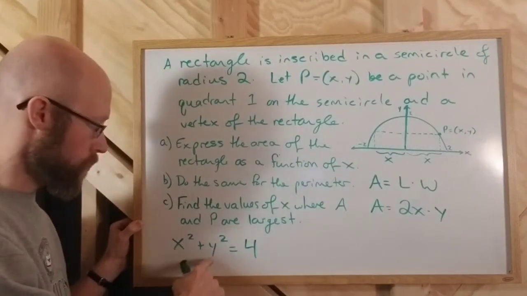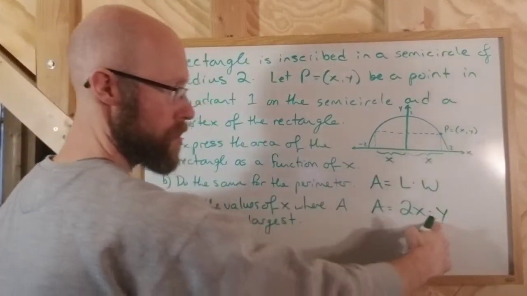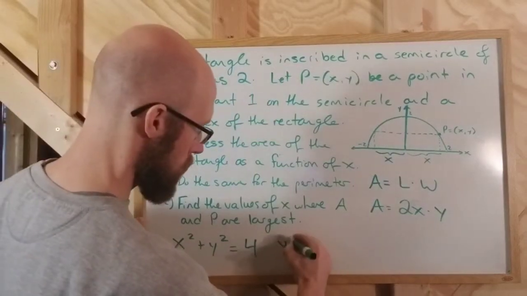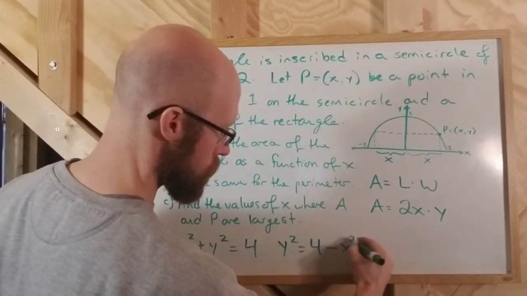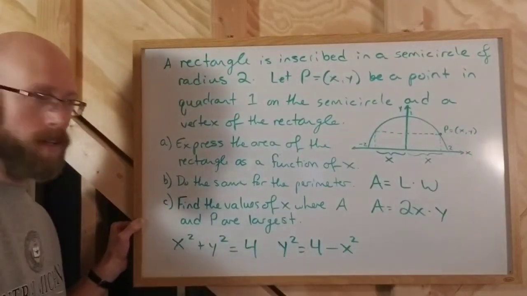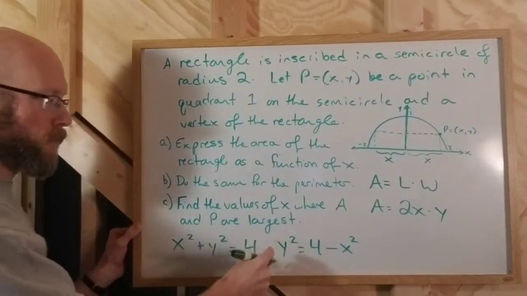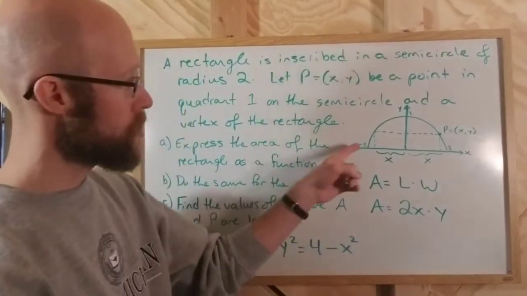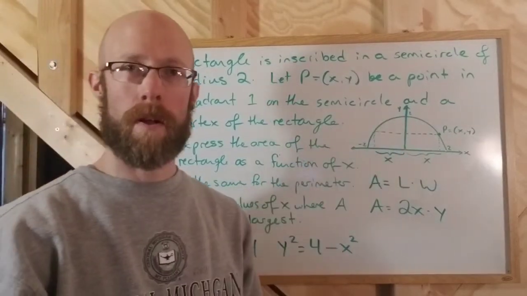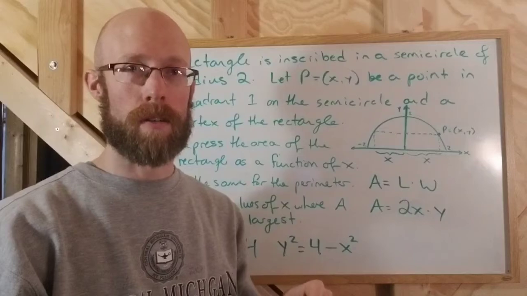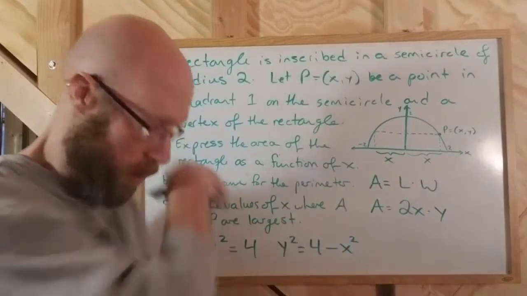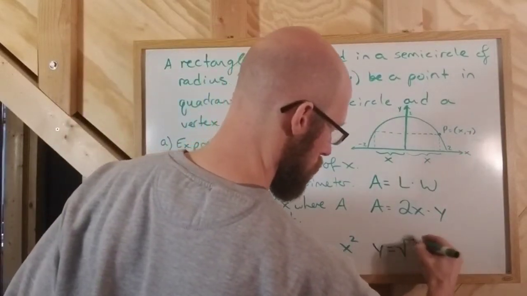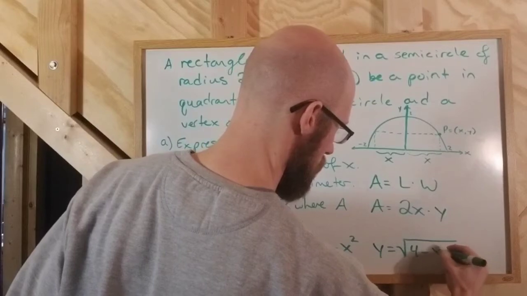So if I solve this for y, that way I can replace the y with a function of x, I need to subtract the x squared, so I get y squared equals 4 minus x squared. I subtract the x squared from both sides, and then take the square root.